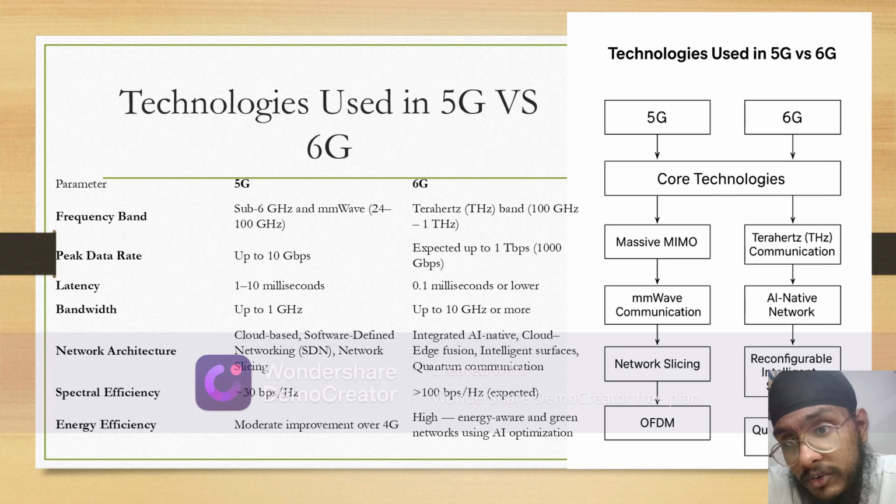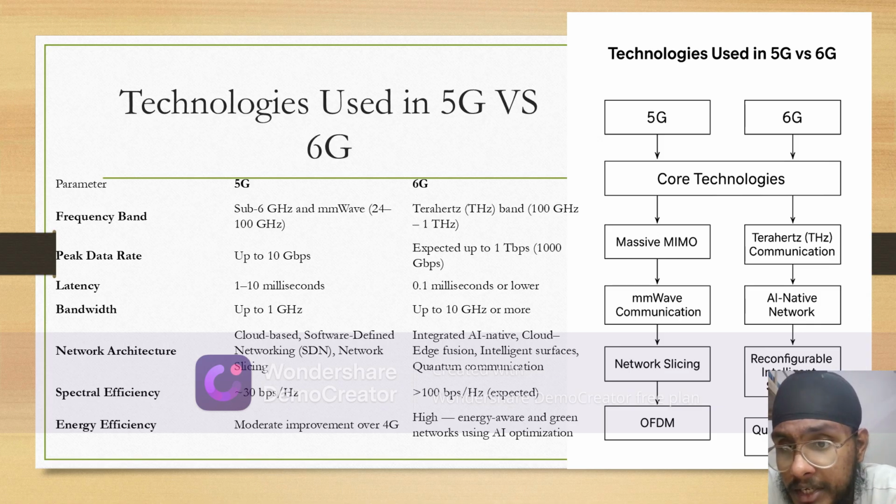The frequency band parameter of 5G tells sub-6 gigahertz and millimeter wave, and the frequency band parameter of 6G tells the terahertz band ranging from 100 gigahertz to 1 terahertz, whereas in 5G the range is from 24 to 100 gigahertz.